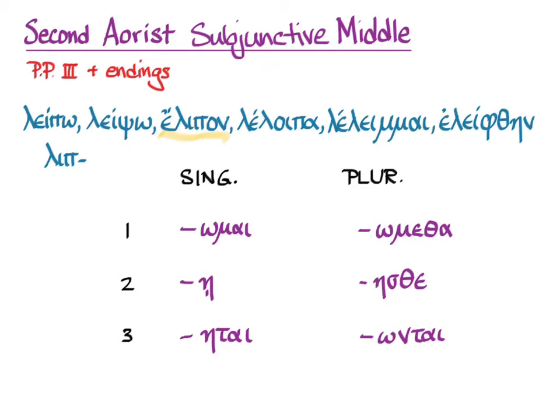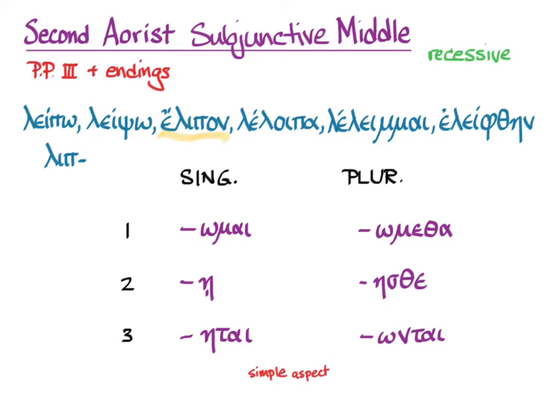These are the endings that we already learned for the present subjunctive middle and passive. Accent is recessive. And although we don't have a default translation, we should remember that it's aorist, and so this will be simple aspect when we use these subjunctives in a sentence.